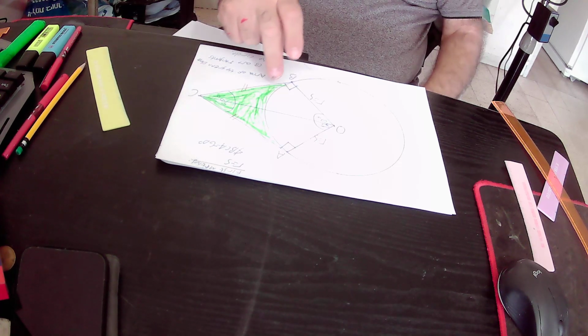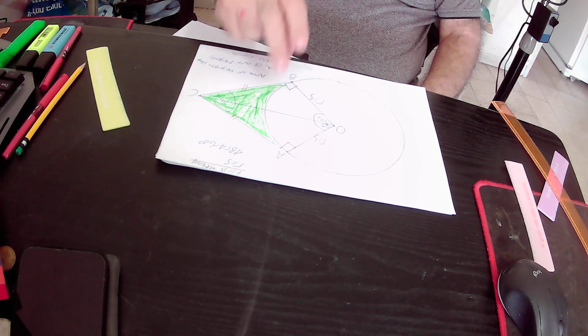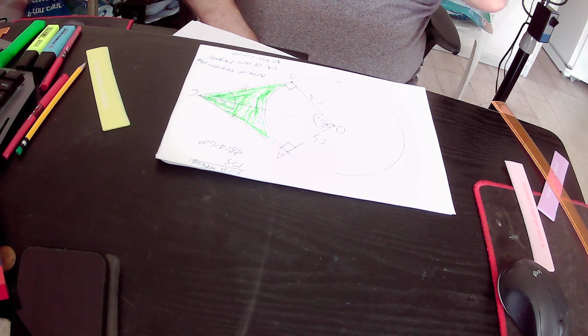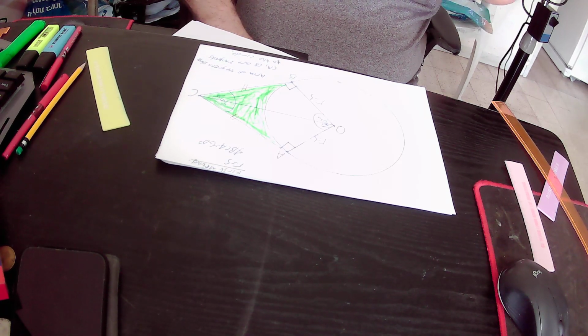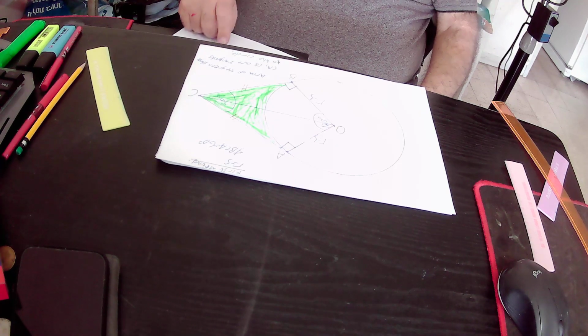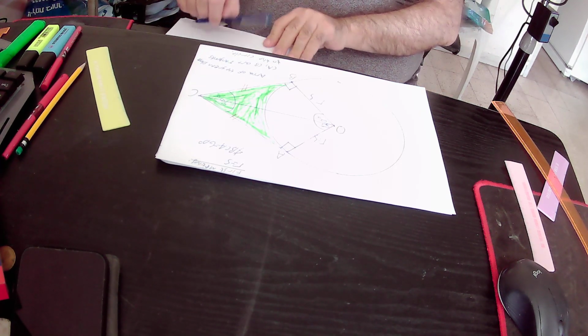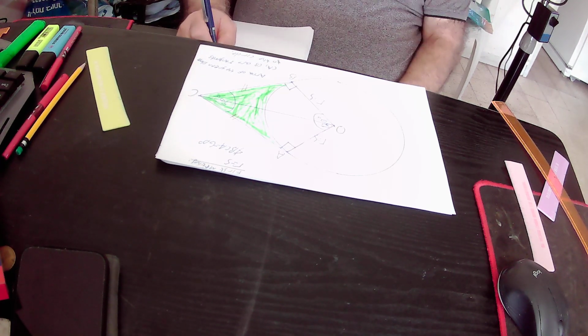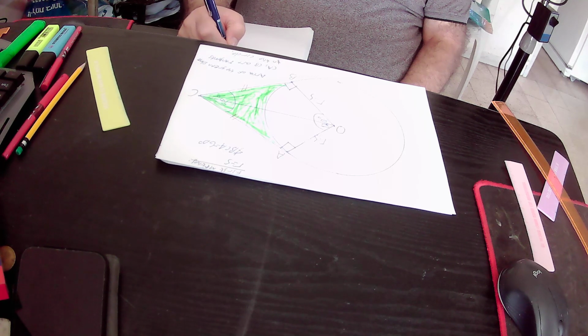Because those two triangles can go into each other, we can derive from it that angle OCA is equal to angle OCB.